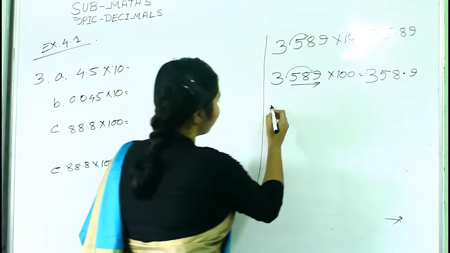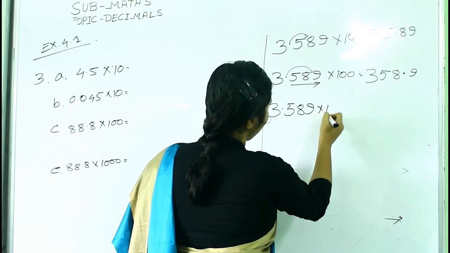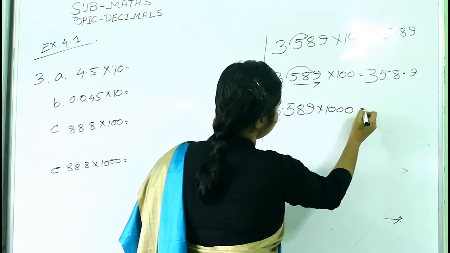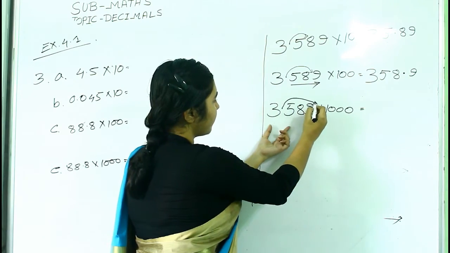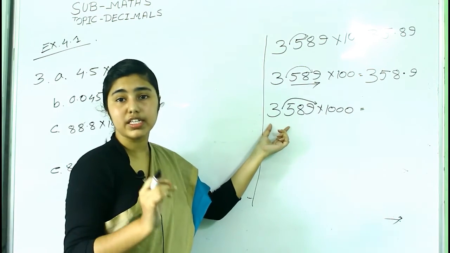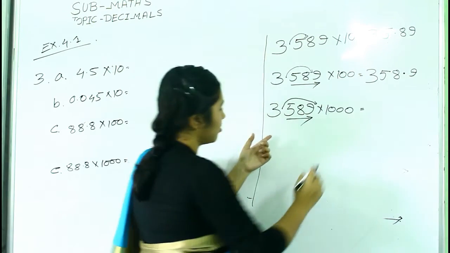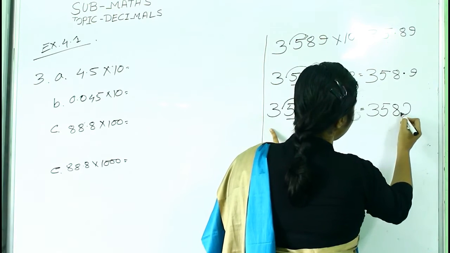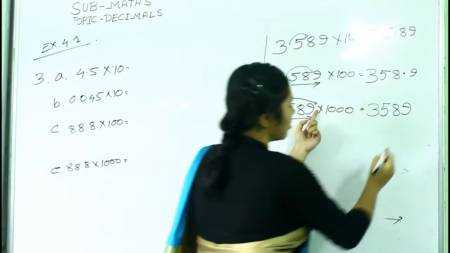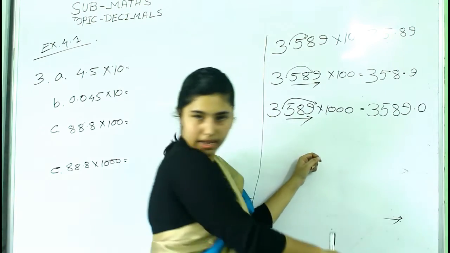And same if we multiply the same number with 1000, then the decimal point will shift 3 decimal places to the right. So our answer is 3589 and then put the point and consider here 0.